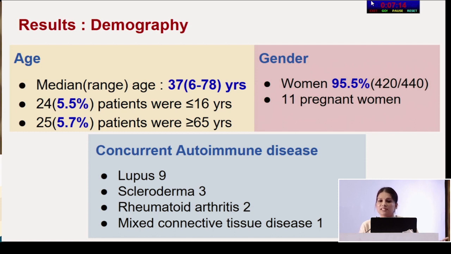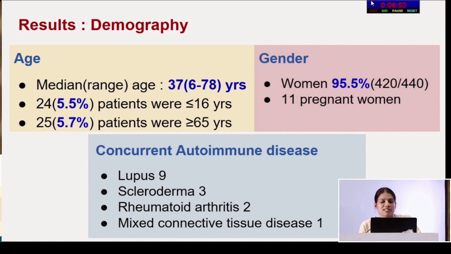So as young as a 6-year-old has Sjogren's syndrome with renal tubular acidosis. 24 patients were less than 16 years, that is 5.5%, and close to 6% of patients were greater than 65 years. Women contributed 95.5%, which is expected. 11 were pregnant at the time of diagnosis of Sjogren's syndrome with renal tubular acidosis.